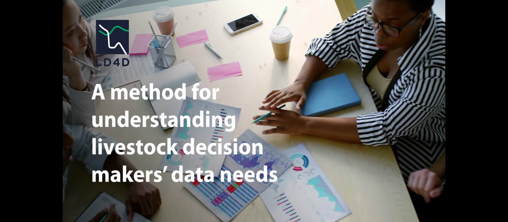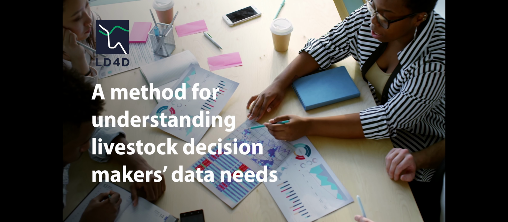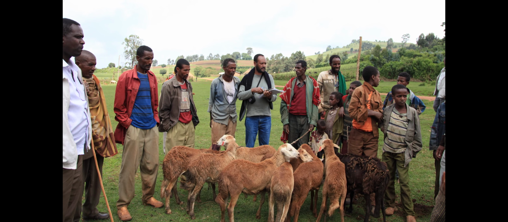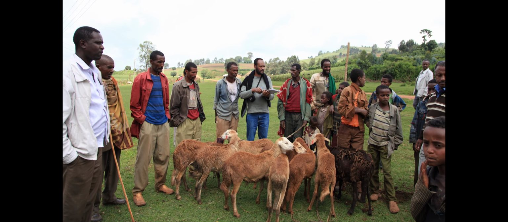We might have good livestock data, but that doesn't mean it's going to be used for decision making. So we need to understand what kind of data and information decision makers need. That's why we have prepared a guide for the livestock data community to better understand who your decision makers are and what their data needs are.